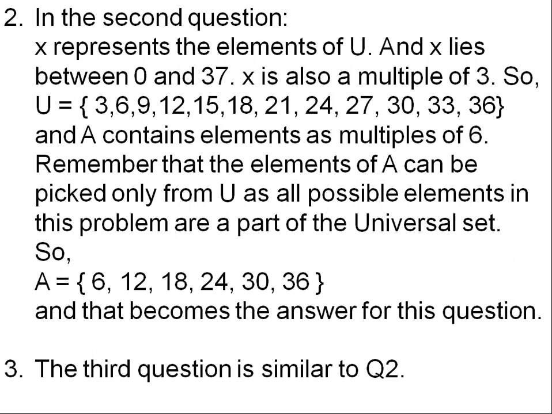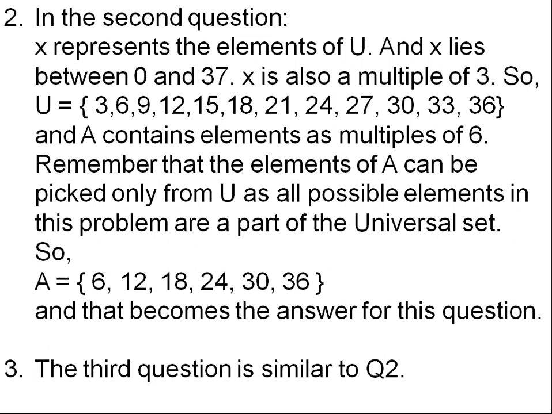Now why are these elements only coming up in this universal set? Because of the condition given as the set builder notation for the universal set. They said x is a multiple of 3 and it lies between 0 and 37. So these are the possible values which can be there for the given condition.